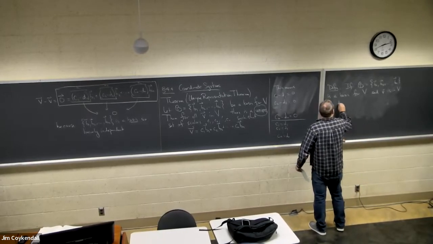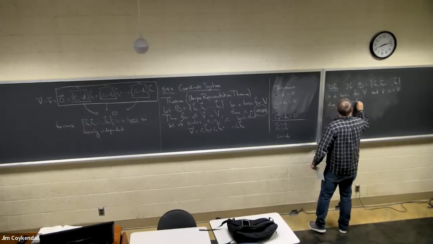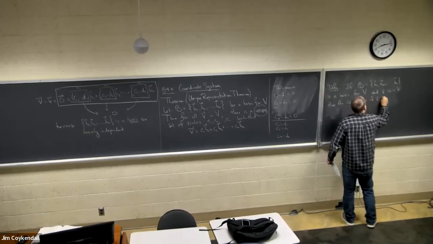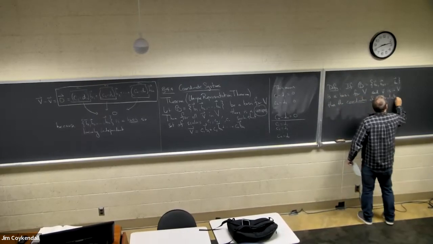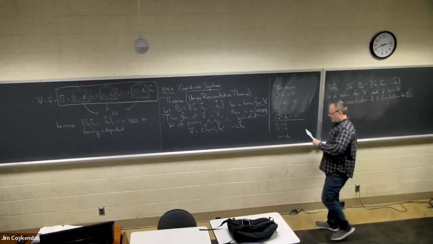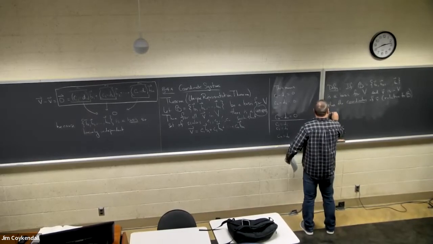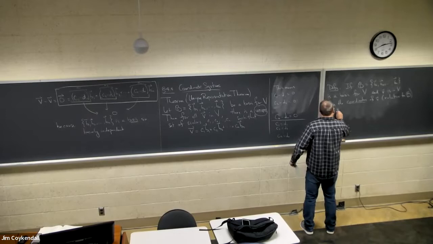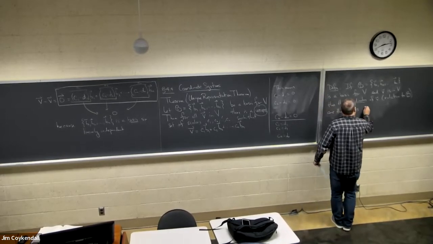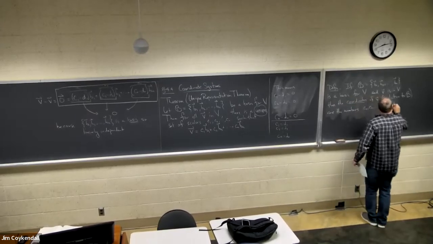Then the coordinates of b relative to the basis fancy B are the numbers C1, C2, Cn, such that b equals C1 b1 plus C2 b2 plus up to Cn bn.